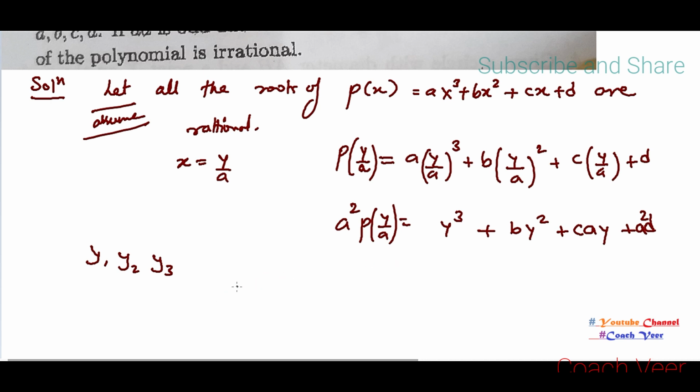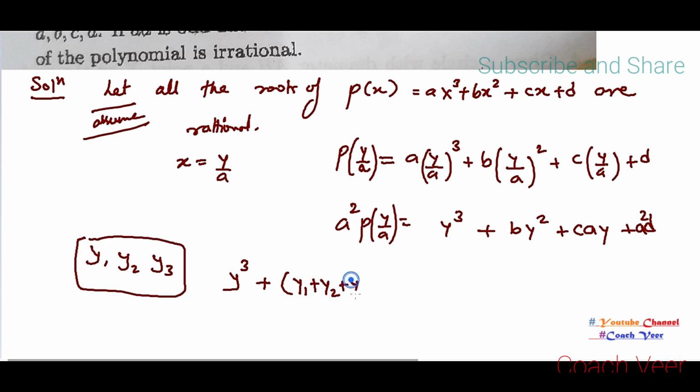When the first coefficient is 1, the next coefficient is the sum of the roots, with a negative sign: y1 plus y2 plus y3 times y square.